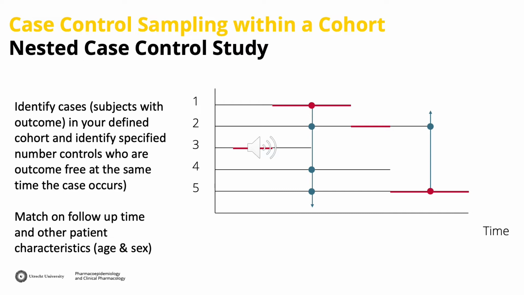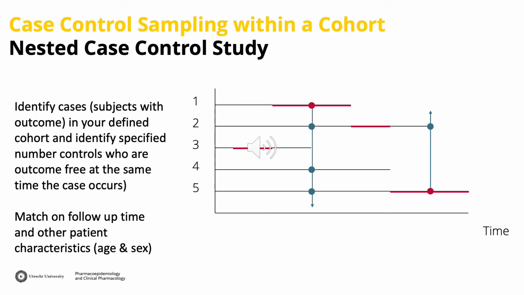When you're using case control sampling within a cohort, or you're looking at a nested case control study, what you do is you identify cases, which are subjects with the outcome, within your defined cohort of patients, and then you identify a specified number of controls who are outcome free at the same time as the case occurs. And then you match on follow-up time and other patient characteristics.